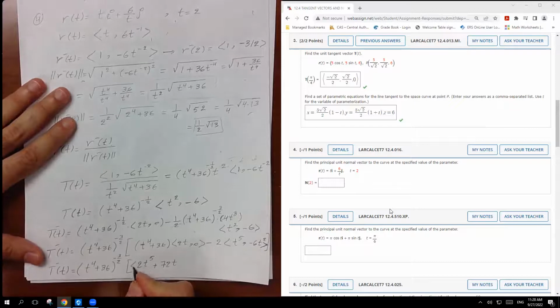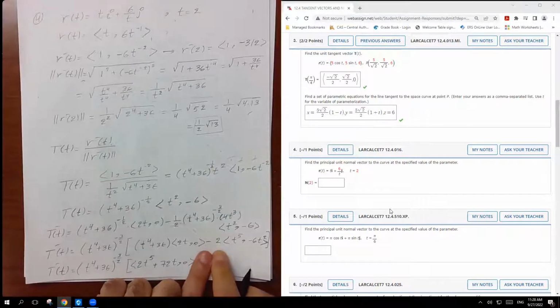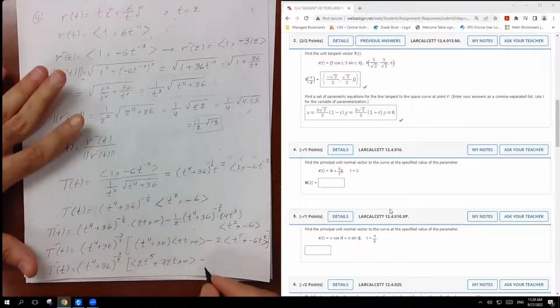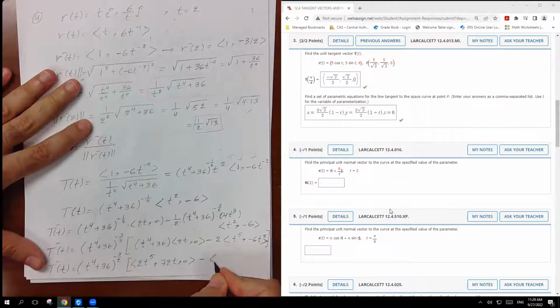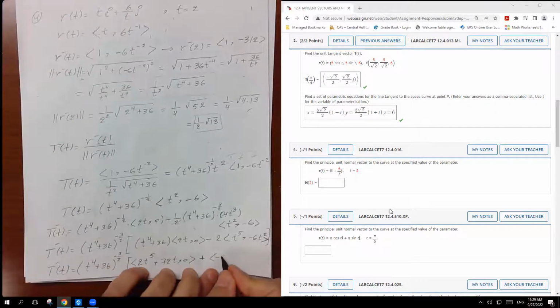Okay, so minus everything here with the 0. So I'm going to keep it as a vector with the 0 minus now 2t cubed. So it's going to be negative here. Or let's say plus here. So I'm going to distribute the negative 2t to the power 5.